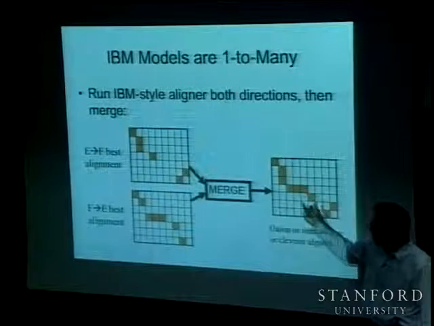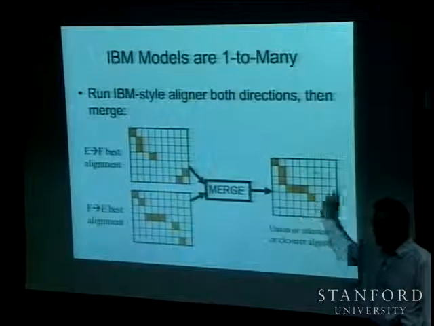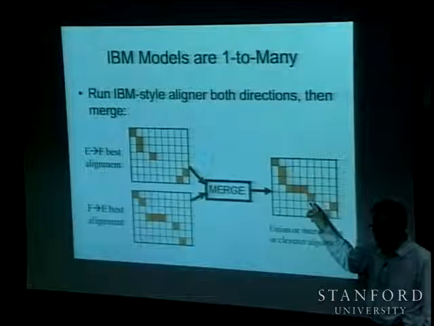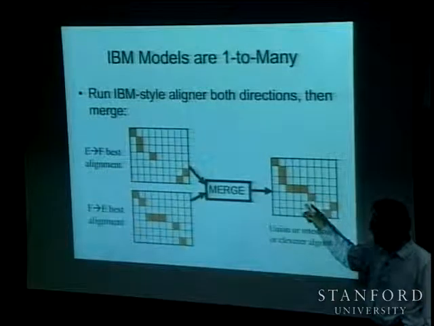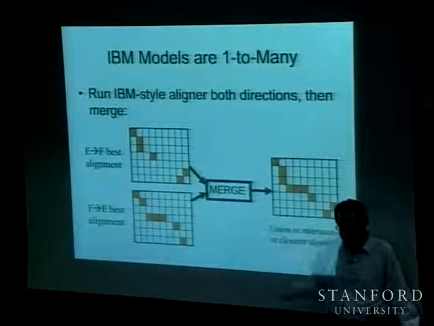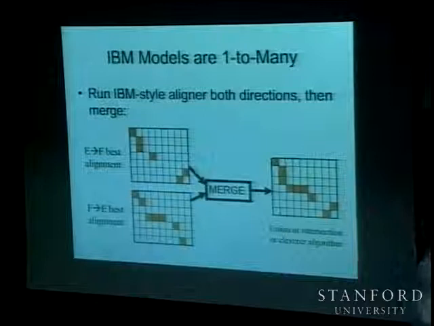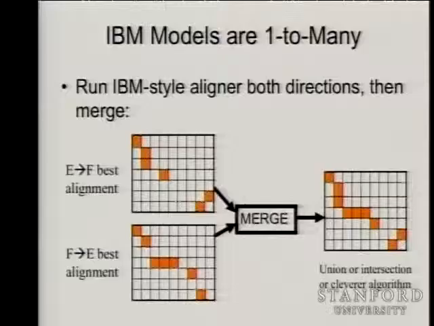We're then using an algorithm to merge their outputs, and there are various algorithms that are used, and I'm not going to go into the details, but conceptually, this is just fixing the brokenness of the fact that the IBM models allow one-to-many in one direction, but not in the other direction. So to some extent, this looks like an ugly ad hoc procedure, and I think it's fair to say it is. But it's basically the state of the art, what everyone does.